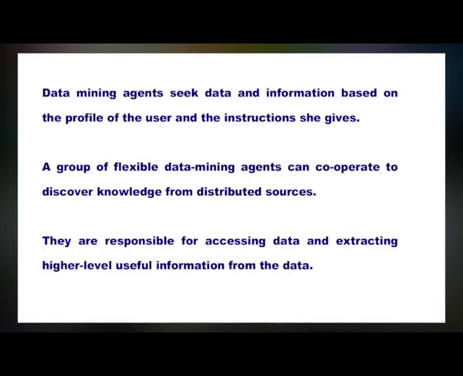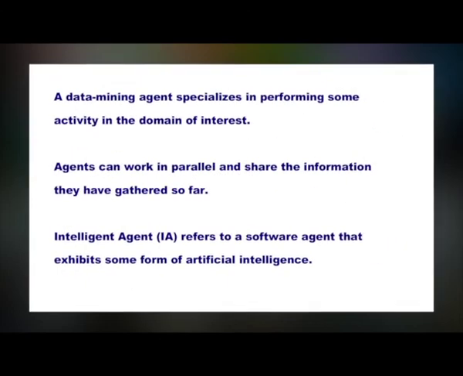A data mining agent seeks data and information based on the profile of the user and the instruction the user is giving. A group of flexible data mining agents can cooperate to discover knowledge from the distributed sources. Remember that they are also responsible for accessing the data and extracting higher level useful information from the data.